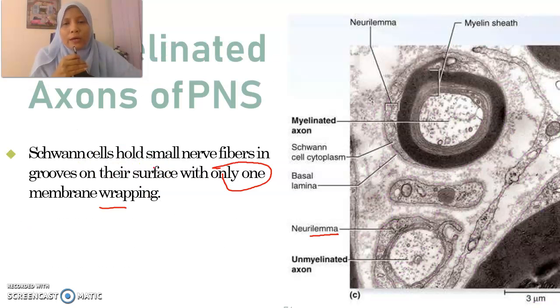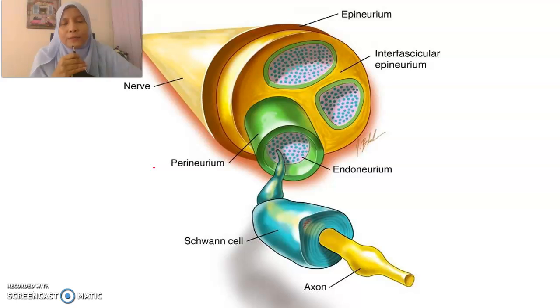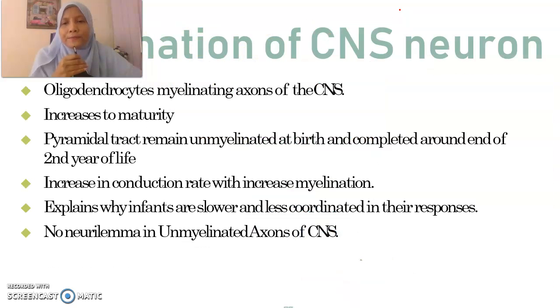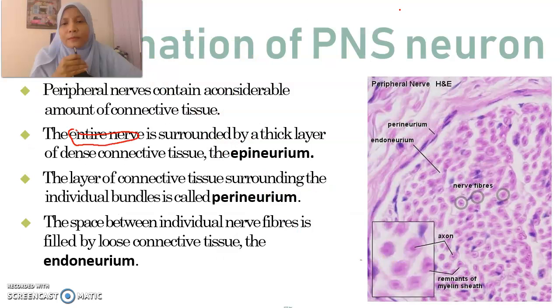I want you to see it in detail. This is a nerve fiber, and inside there are lots of layers. Starting from one layer, the epineurium, which is the thick layer of dense connective tissue.